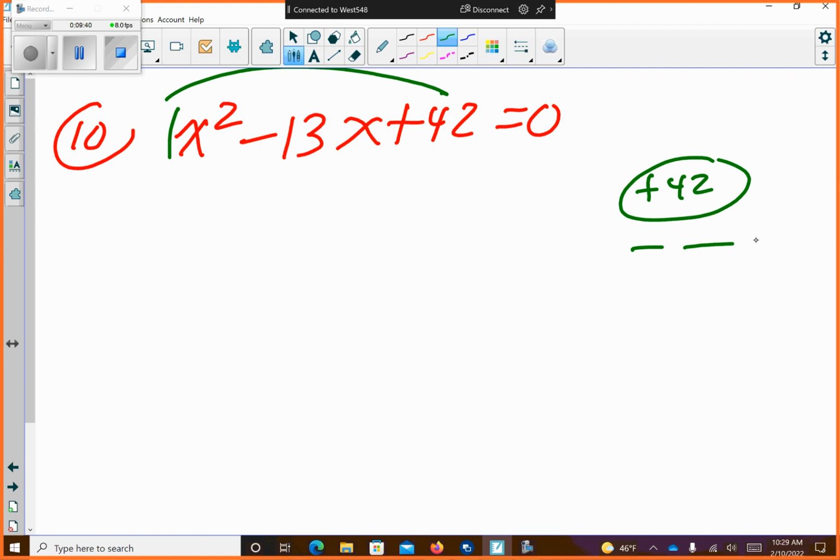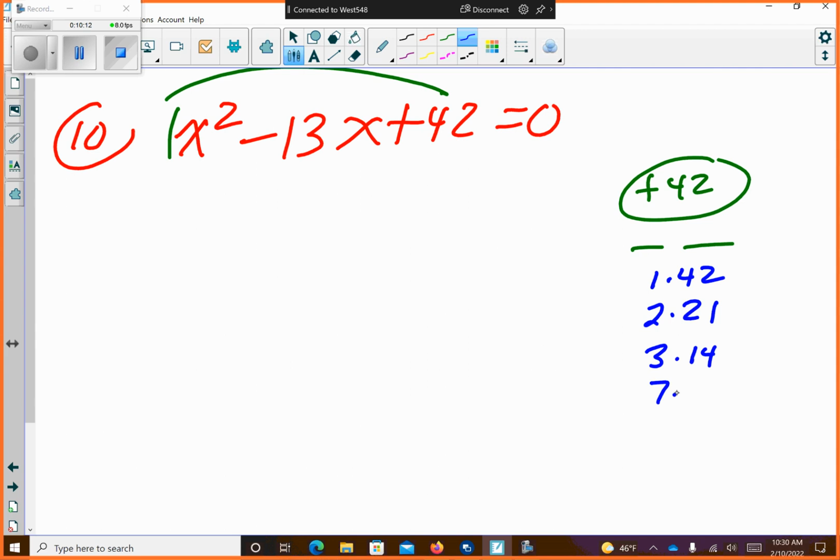But being I have a negative sign sitting in this problem with that middle term, that means they both have to be negative, negative. So then, I'm not quite sure what the factors of 42 are, so I'm going to go 1 times 42 gives me 42. 2 times 21, they're not going to give me negative 13. Does 3 work? 3 goes into 21 seven times. 3 and 14? Yeah. Let's see. That's getting close. It's definitely getting close. 4 doesn't work. 5 doesn't work.